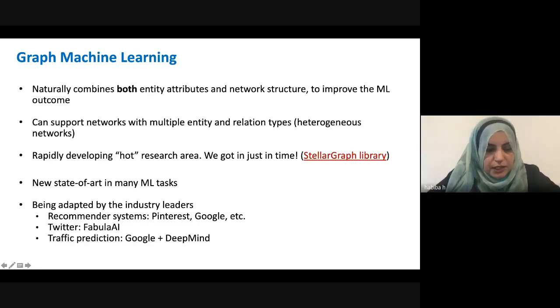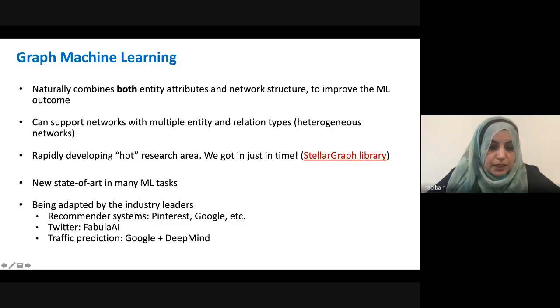Eventually Twitter acquired them, and now they are productionizing that concept and incorporating it into the Twitter application. Then there is traffic prediction, something I had been involved with at Transport for NSW, Transport for New South Wales here in Sydney.